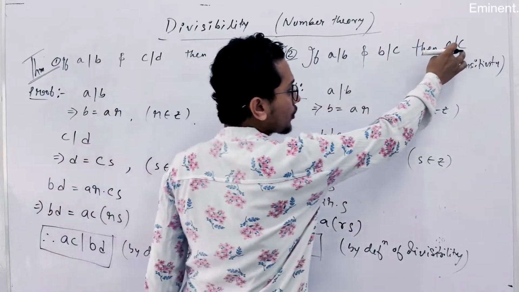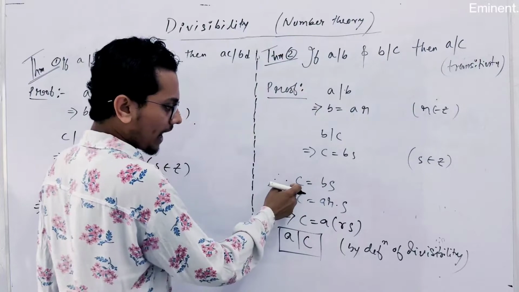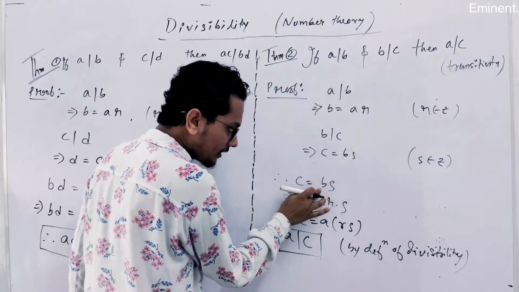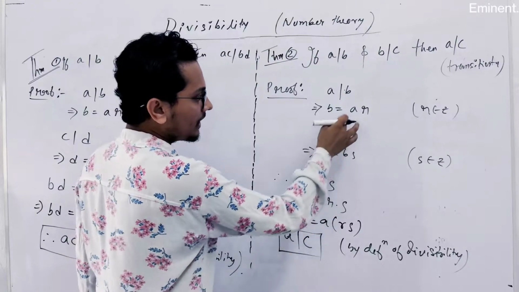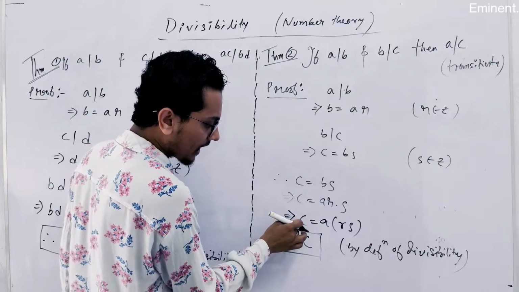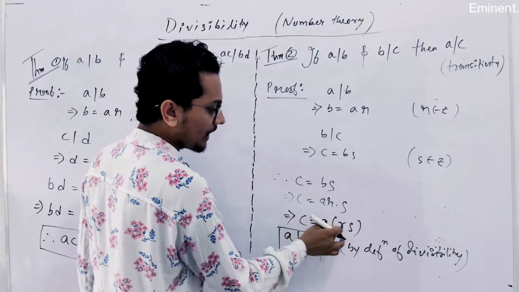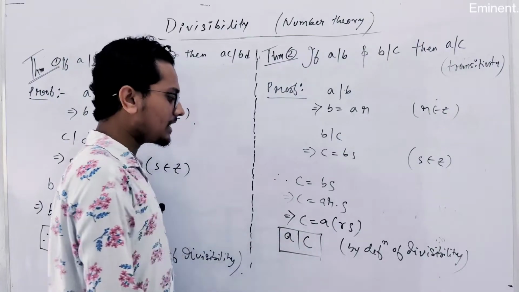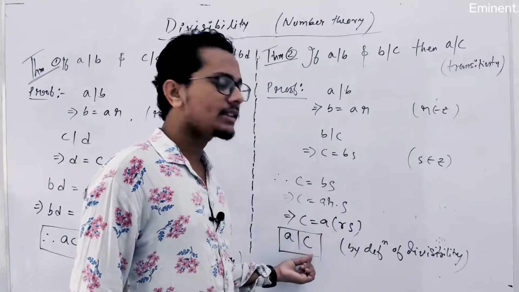Since you have to show that A divides C, I am writing here C equals BS. Instead of B I am putting B equals AR, and we can write from this step that C equals ARS, and here RS is an integer, and by definition of divisibility you can write A divides C.